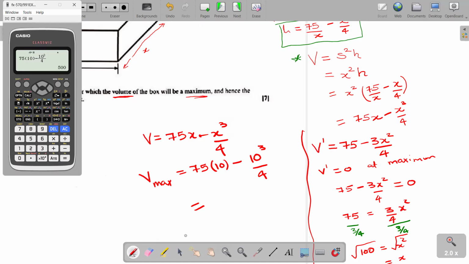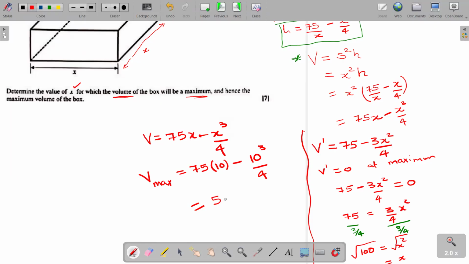So our maximum volume is going to be equal to 500 cubic centimeters as our maximum volume.